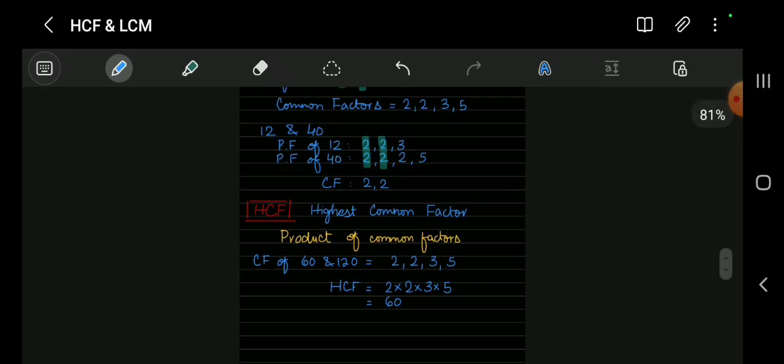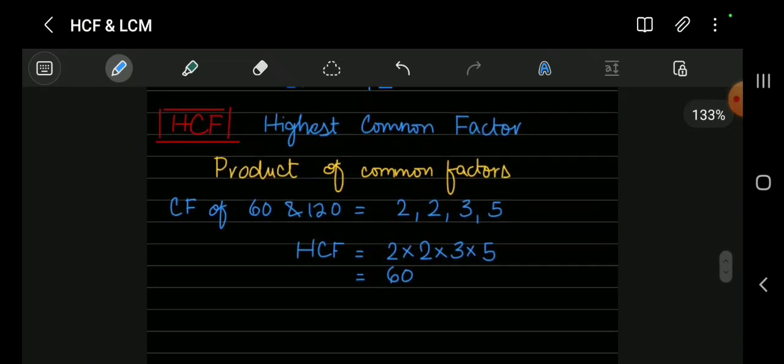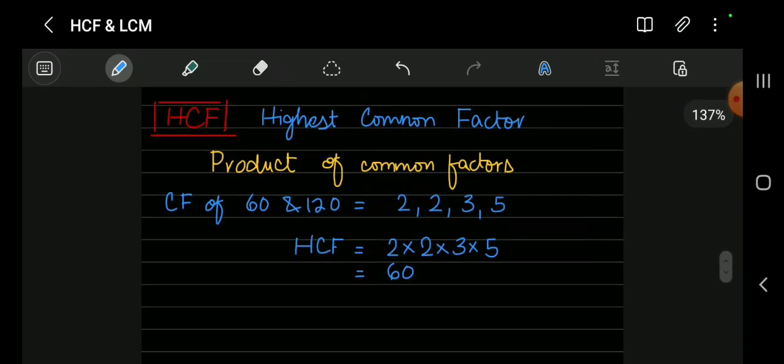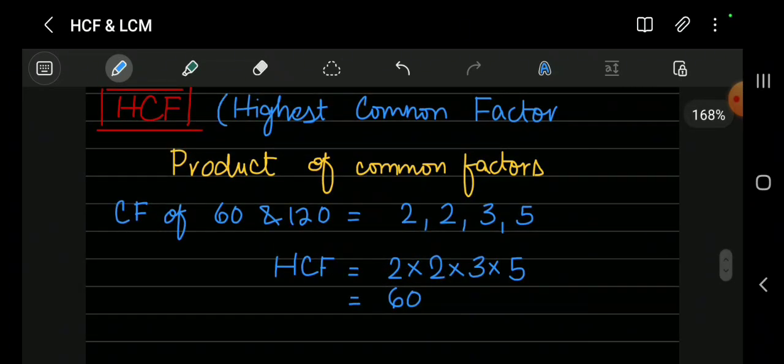When we are dealing with two numbers for which we need to find the highest common factor or HCF, we will multiply all of its common factors. It will give you its highest common factor.